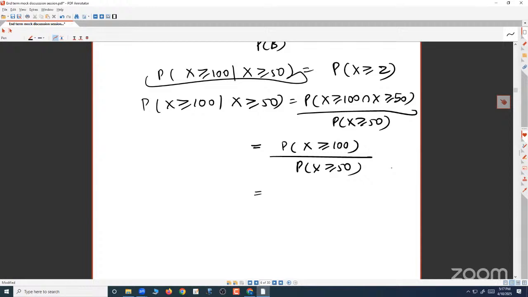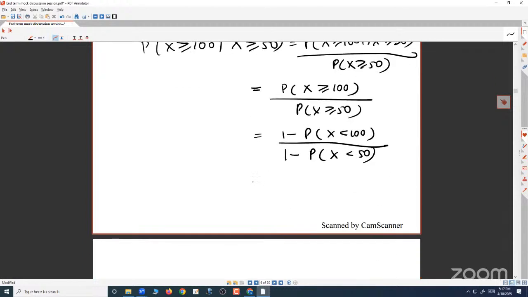Yes, ma'am. Okay. Now I can write this as the probability that X is less than 100 divided by 1 minus the probability that X is less than 50. Now this is basically my CDF, and the CDF of an exponential is basically what? 1 minus e raised to the power minus lambda x.